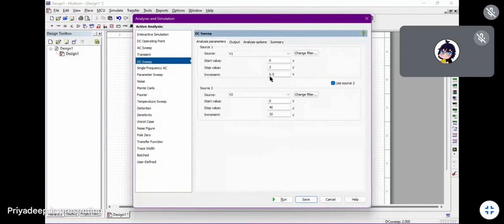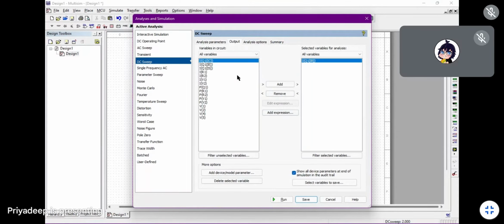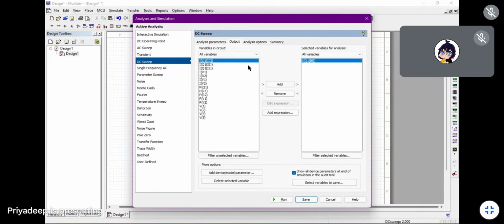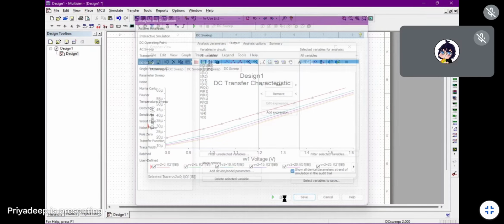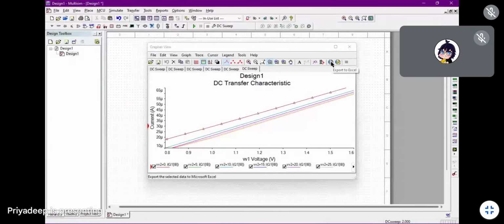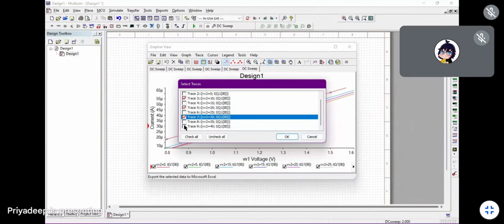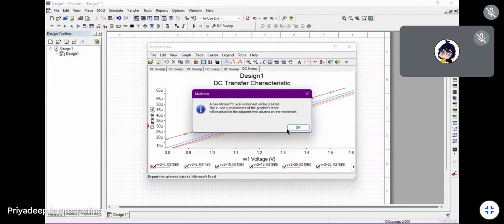You make it 0.2 or 0.1. Make it 0.2, so it will be very large. Then export the Excel and you will get the values. 0, 10, 20, 30, 40.